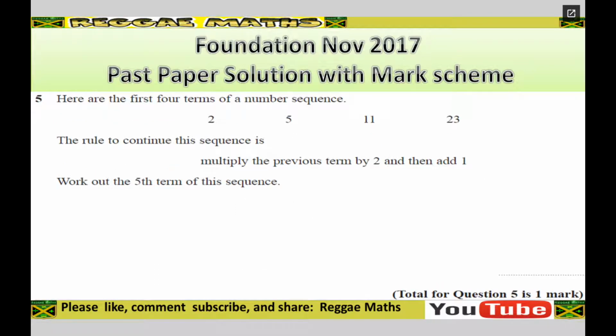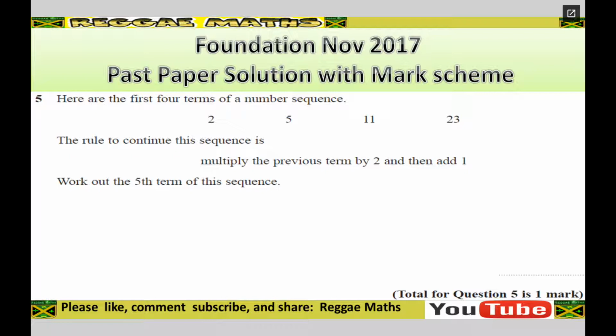Next, it says here are the first 4 terms of a number sequence: 2, 5, 11, 23. The rule to continue this sequence is multiply the previous term by 2 and then add 1.